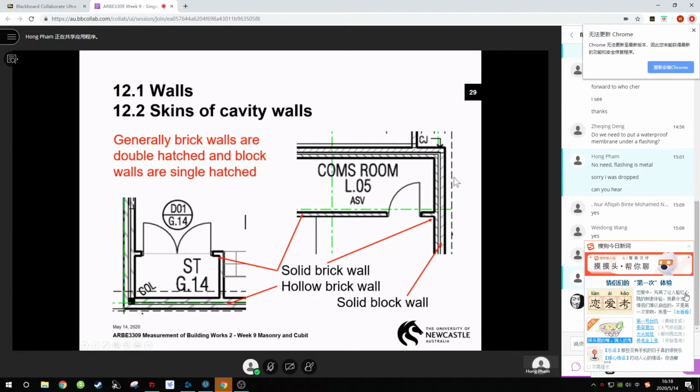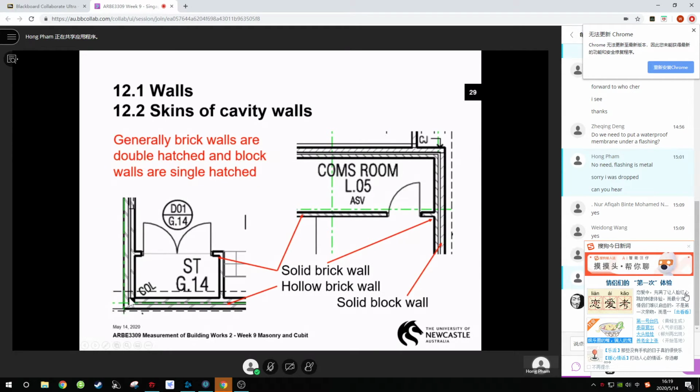So assume that these are all common brickwork. So Edgar, this is solid. You see that? This wall is solid. 2 half brick is brick, this is 1 half, a blockwork. So this wall is single alone. It doesn't have other layers, so it's not a hollow wall. It's a solid wall. So this wall we will measure as a solid wall. Just state the thickness, maybe 110 thick solid wall.